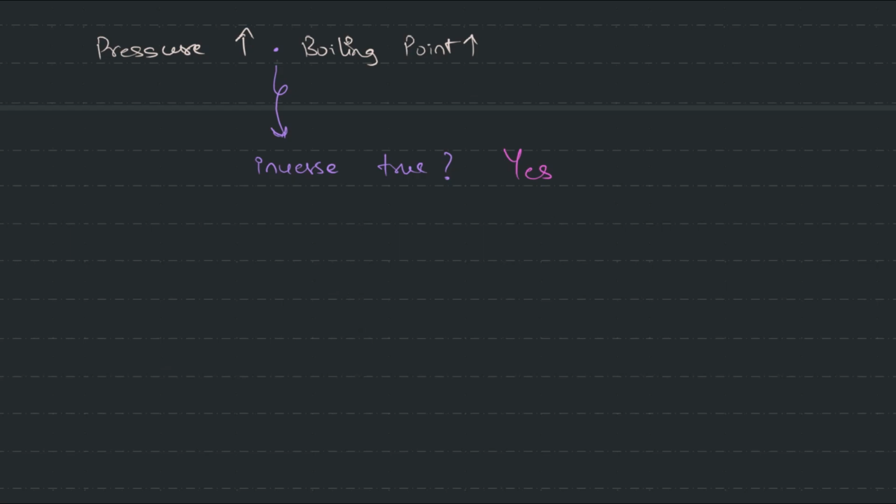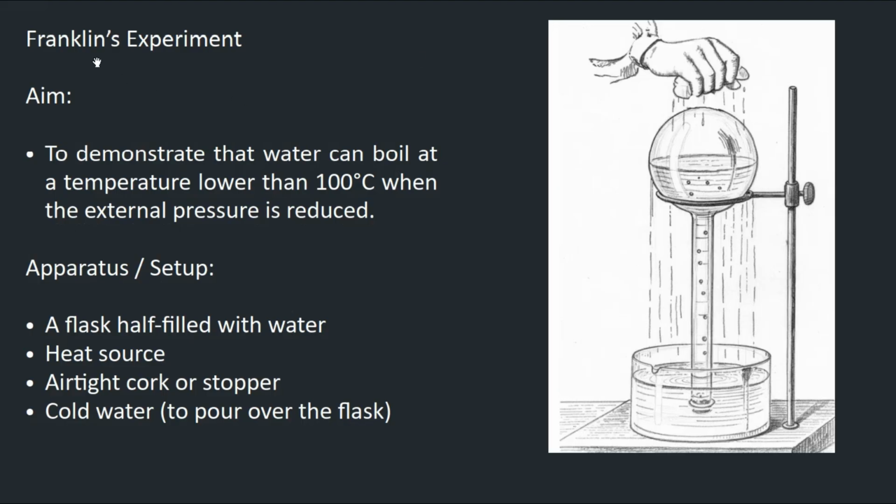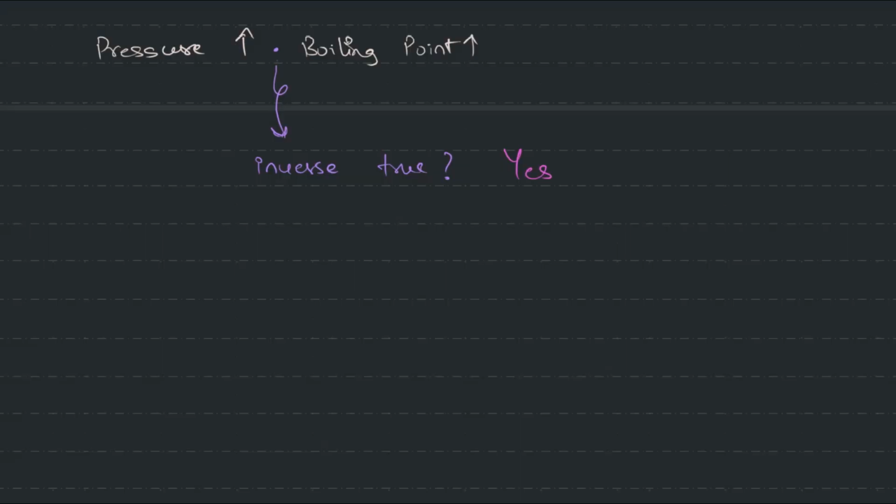So you have an experiment called Franklin's experiment, which shows this. It's a simple setup. Let me explain what the procedure is. You take a flask. It has a big neck, right? So I'm not going to draw it that way.